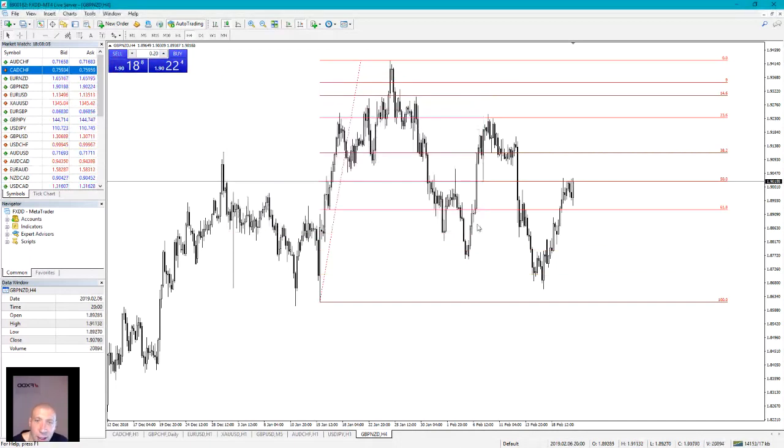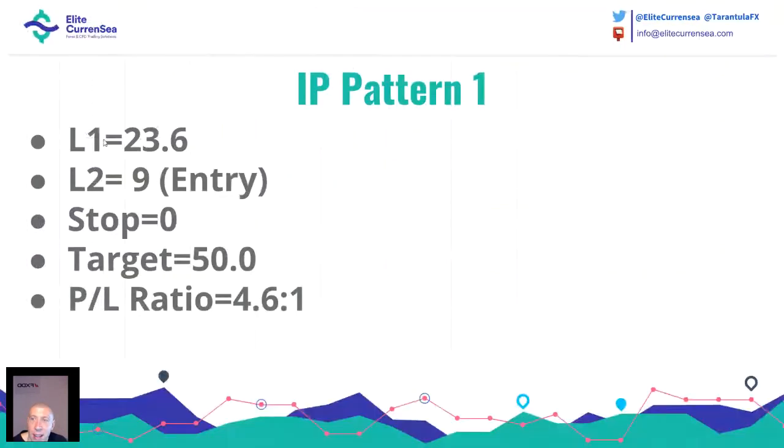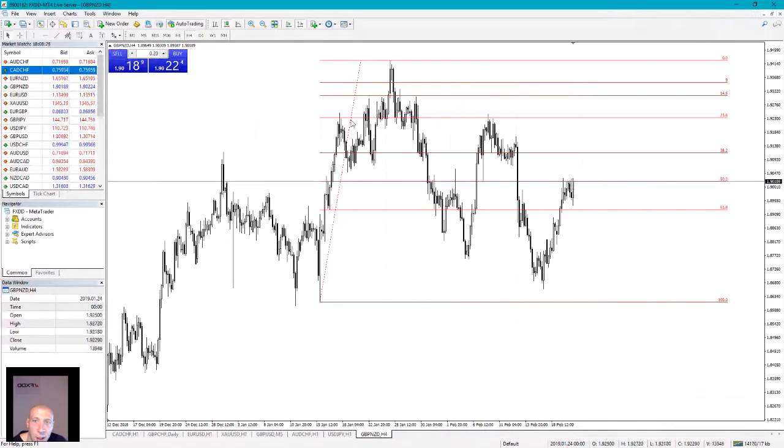So the first IP pattern is actually pretty clear. The price needs to hit 23.6, then needs to go to 9, okay, and the target is 50. On the chart, it means that the price needs to hit 23.6. You see it was hit here, okay, so it dropped, and it needs to get to 9.